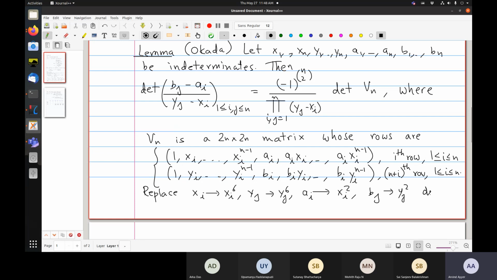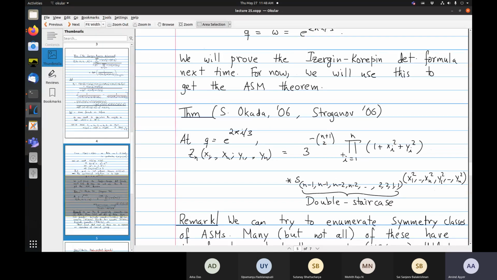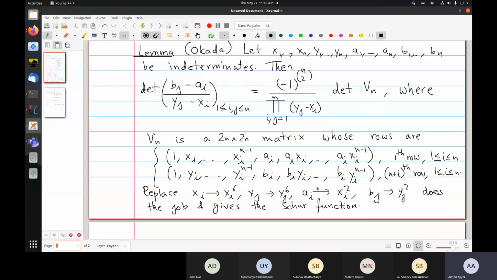Okay, so that's the rough idea, and it gives the shape. I'm skipping details, of course. There are outside factors and so on that will give you these prefactors.